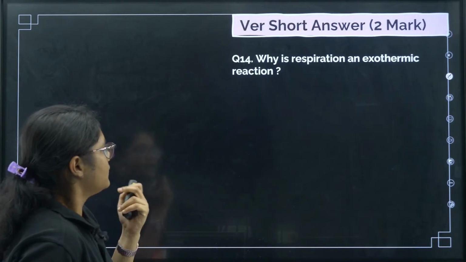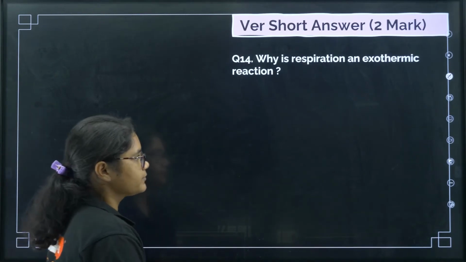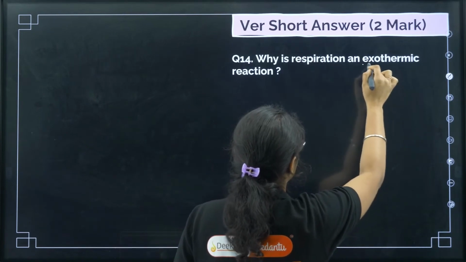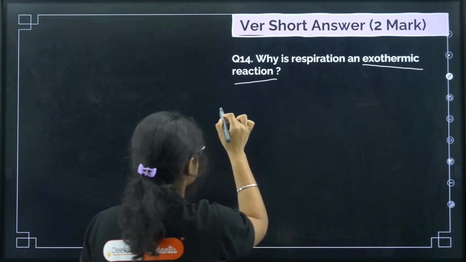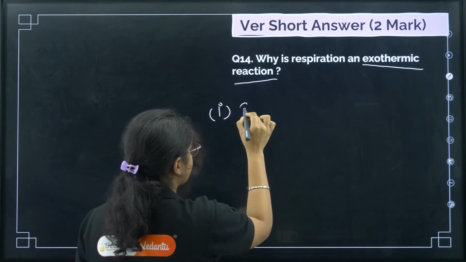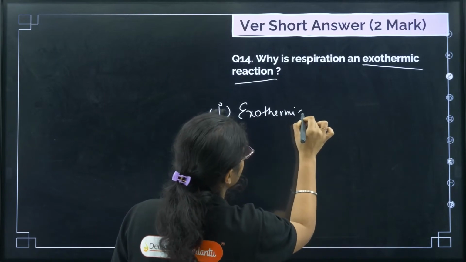Okay. Now next, why is respiration an exothermic reaction? When the question is why is respiration an exothermic reaction, first you need to write what an exothermic reaction is. This is a 2 marker question.